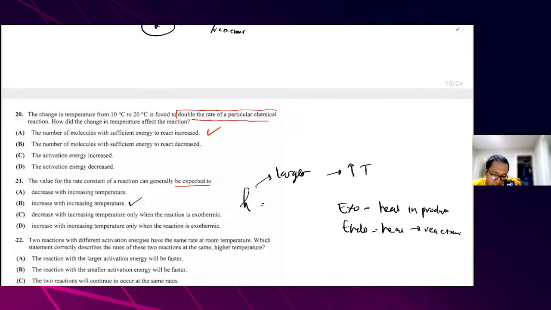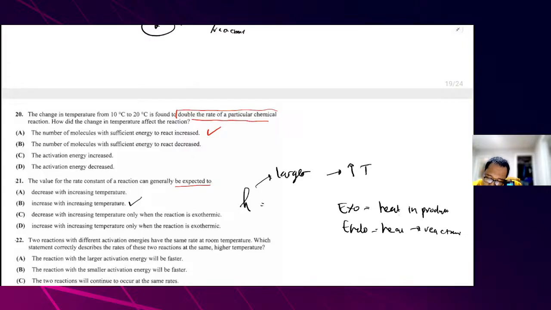So if we increase heat, there is no correlation over here. So K will decrease with increasing temperature only for exothermic, heat in the product.